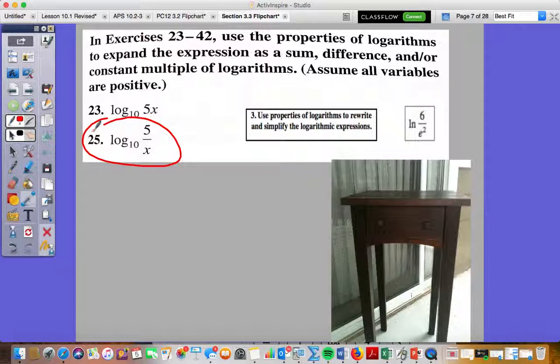You're good. Paige, you know? It's dividing, good, because there's no power up on top, right? So because we're dividing 5 over x, how can I break it down and maybe expand that? Log 5 minus log x. Good. Log of 5 minus log of x. Okay? We're good on that?